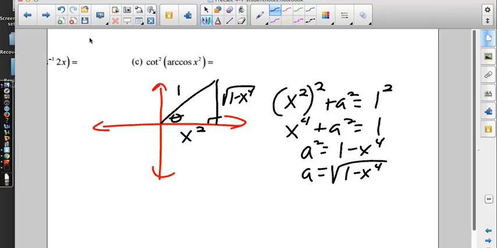Can we simplify that? We can't because 1 minus x to the 4th would have to be a perfect square in order for us to do that. And if you factor 1 minus x to the 4th, you get 1 plus x squared and 1 minus x squared. So it's not a perfect square. So we can't do anything more with that.